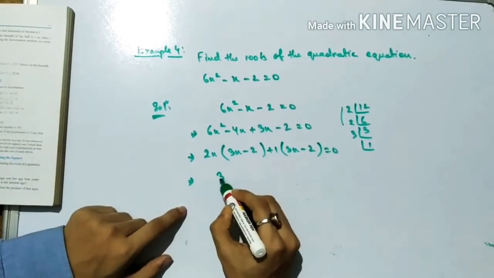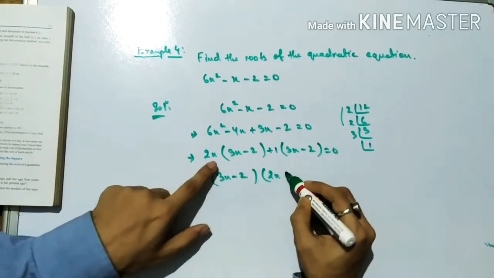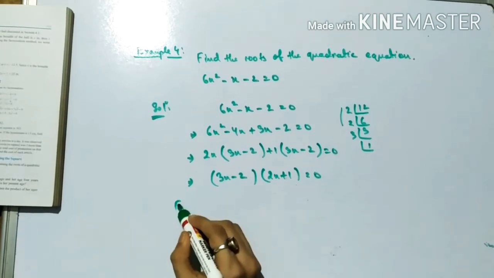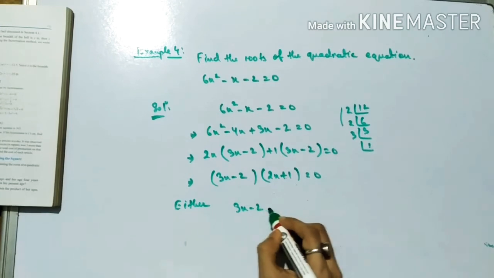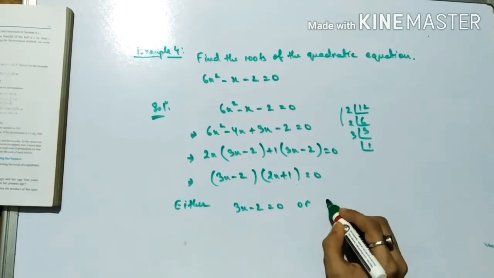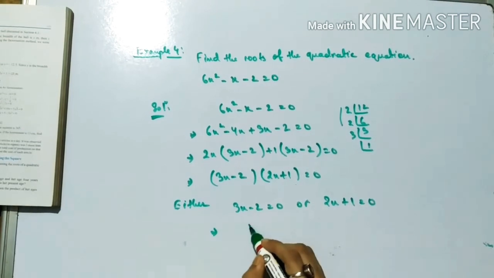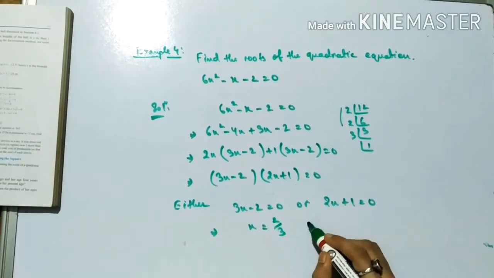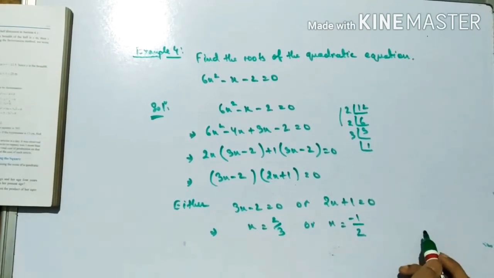So this one I will get 3x minus 2 into 2x plus 1 is equals to 0. So I can write either 3x minus 2 is equals to 0 or 2x plus 1 is equals to 0. So therefore x is equals to 2 by 3 or x is equals to minus 1 by 2.